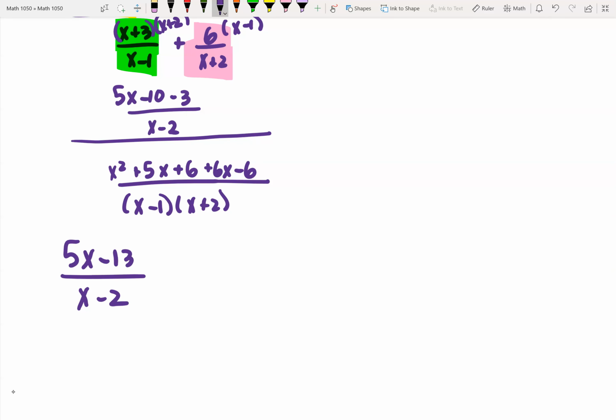That main division bar is now a division symbol. On the top of the denominator is x to the second plus 11x. The 6's go away. 6 minus 6 cancel out. And then on the bottom, I have x minus 1 times x plus 2.